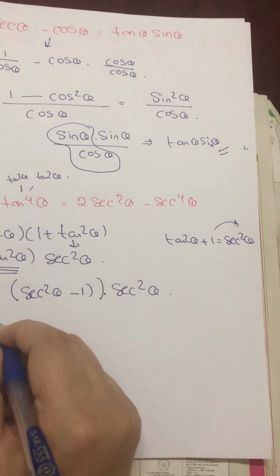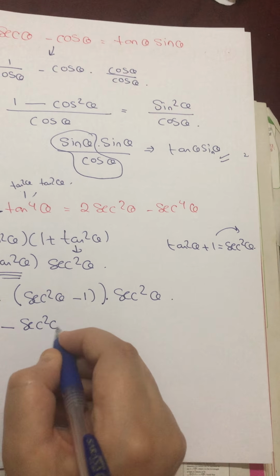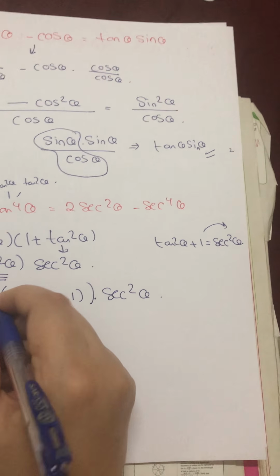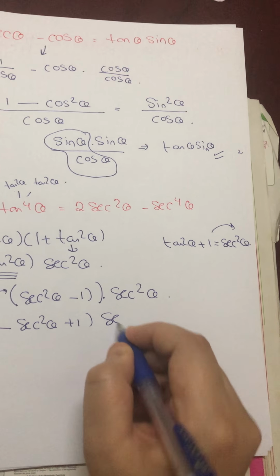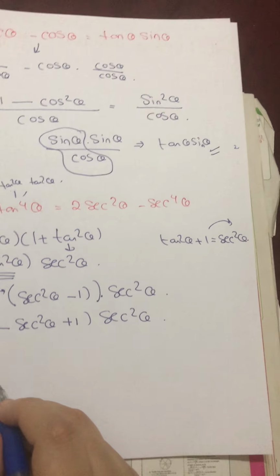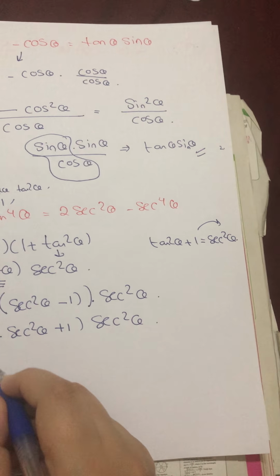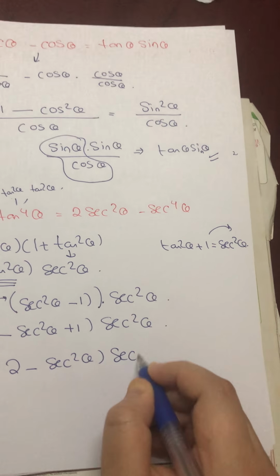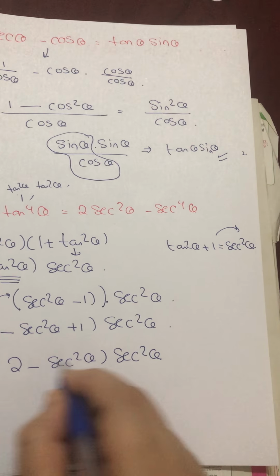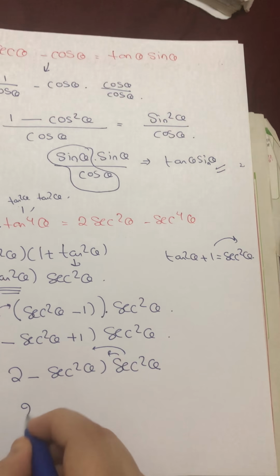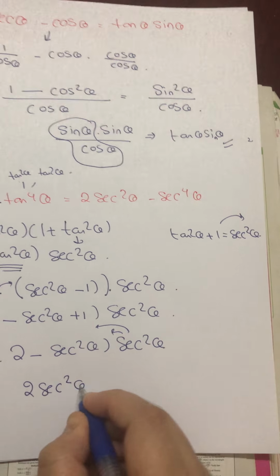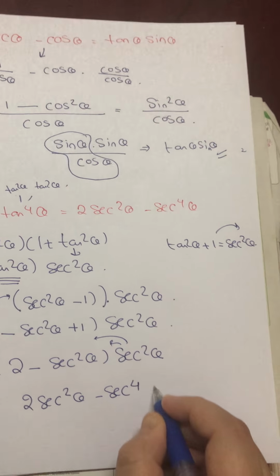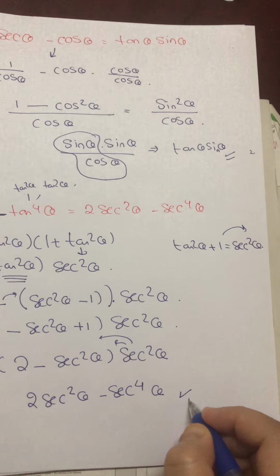Here I have 1 minus sec squared theta plus 1. I'm distributing the negative, times sec squared theta, right? So now I have 2 minus sec squared theta times sec squared theta. Distribute, you will get 2 sec squared theta minus sec to the power 4 theta, and this is the answer.